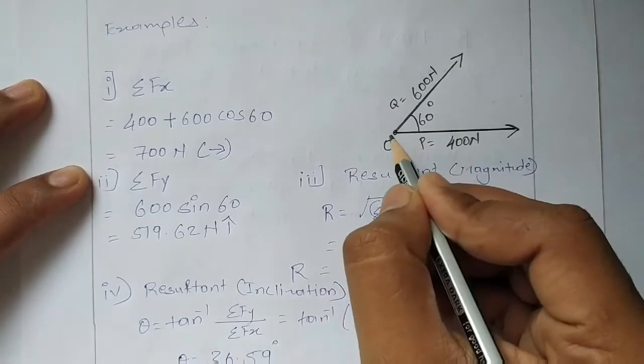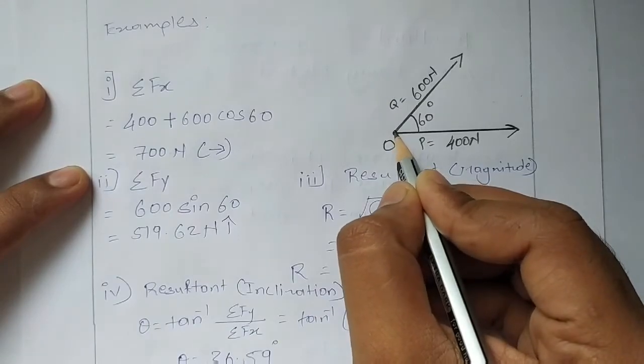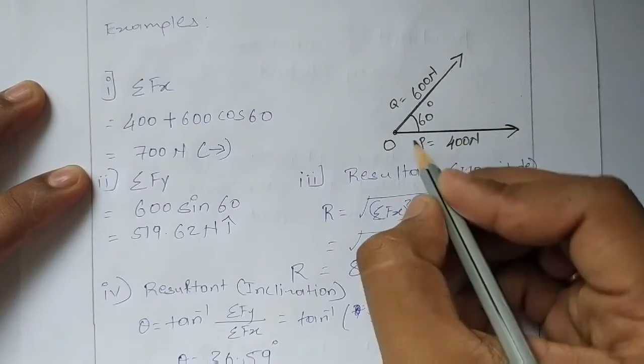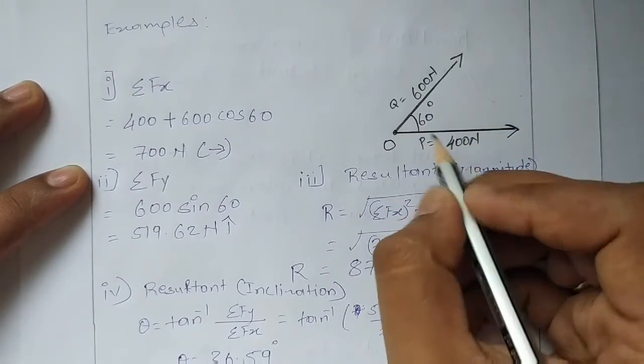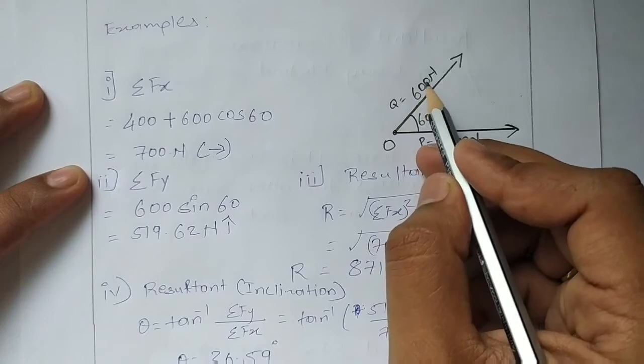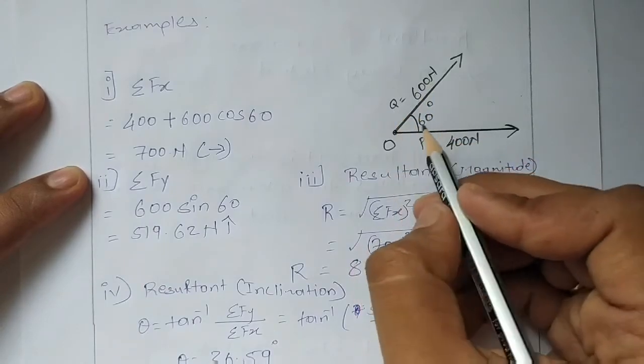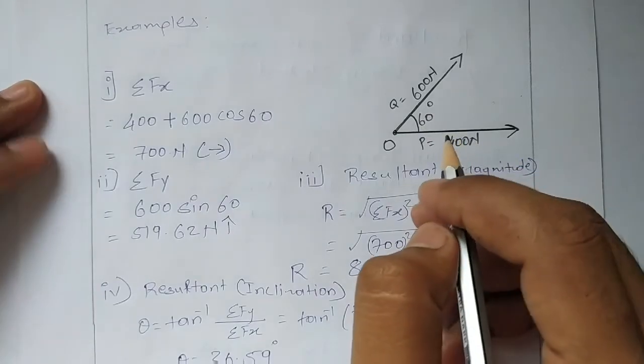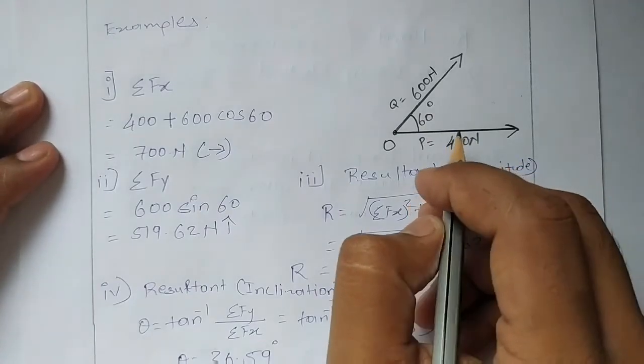At point O, there are two forces pulling this point O. P has magnitude 400 Newton, Q has magnitude 600 Newton. Q is at 60 degrees to the horizontal and P is along the horizontal. So let's see how to find the resultant of force.